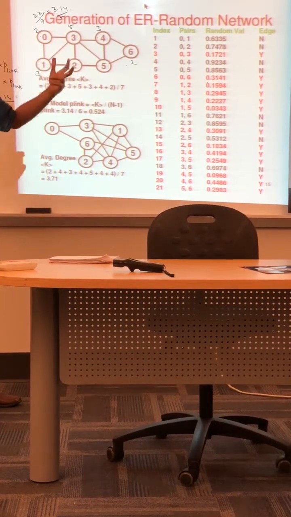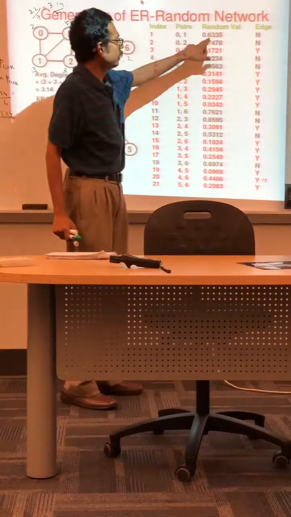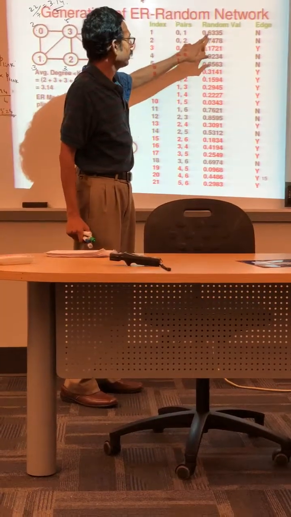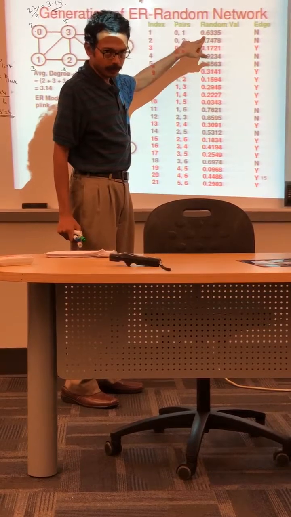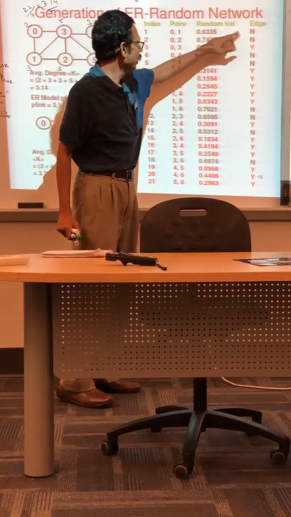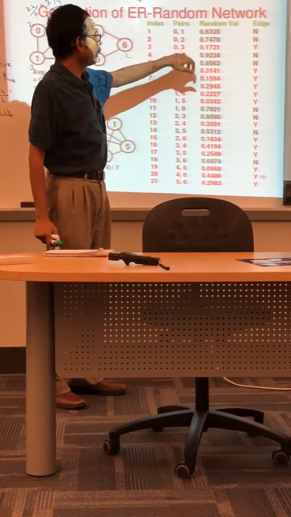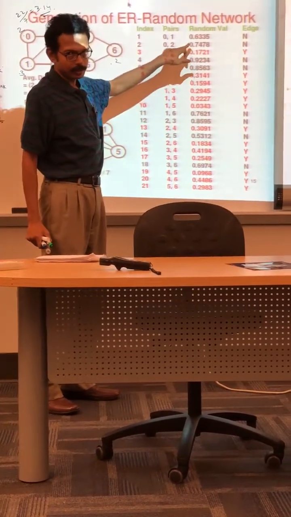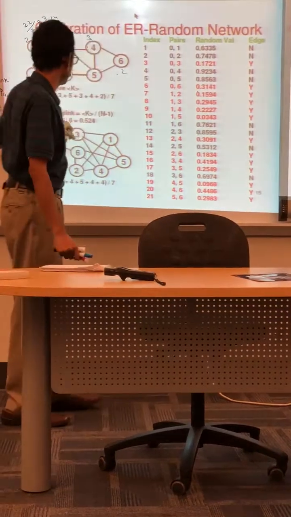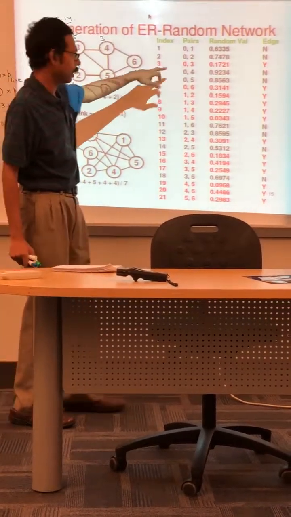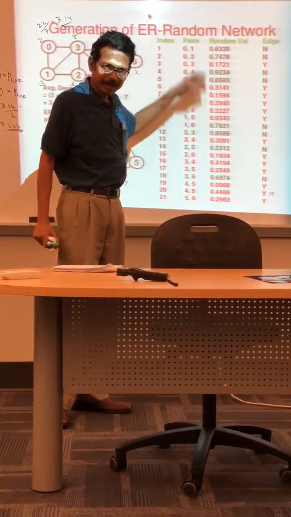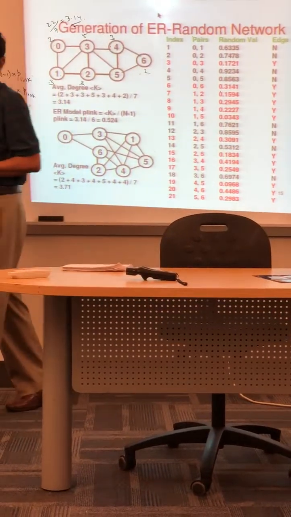Otherwise, there's no edge. So in this case, if this is a random number that gets generated, this is greater than 0.524. So there's no edge between 0 and 1 in my random network. Whereas if you have say 0.1721, it is less than 0.524, so there's an edge between 0 and 3. So that is how we decide whether to set up an edge between two vertices or not.